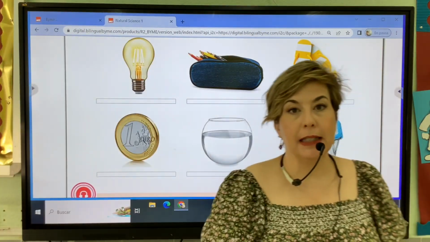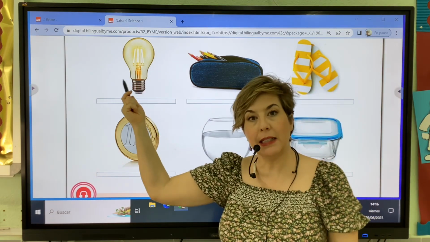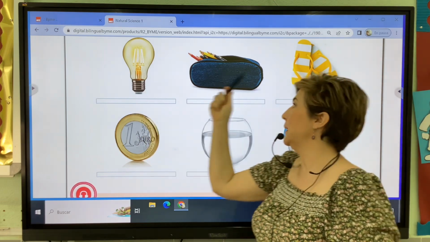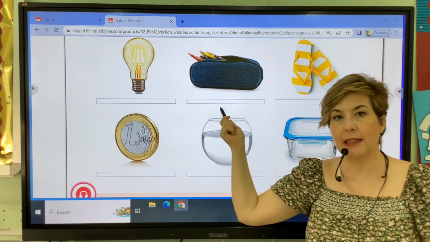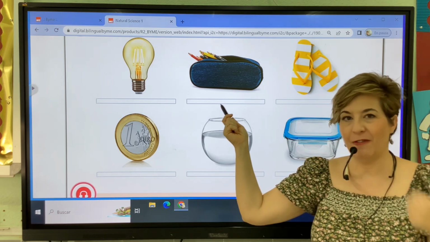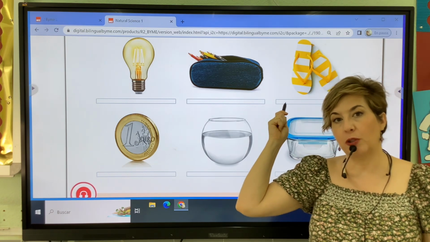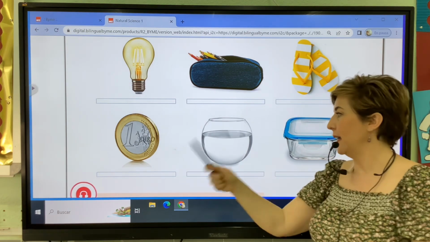If we look at these pictures, we have to say a light bulb is, say it, yes, transparent. What about a pencil case? What do you think is a pencil case? Opaque, very good. What about flip-flops? Are flip-flops transparent or opaque? Opaque, well done.